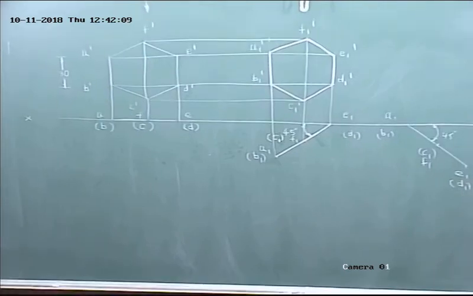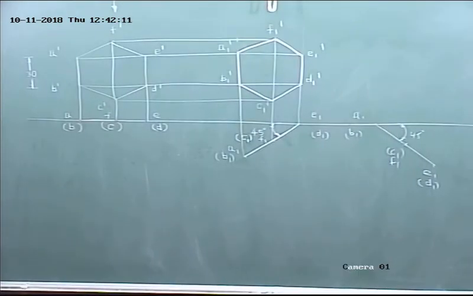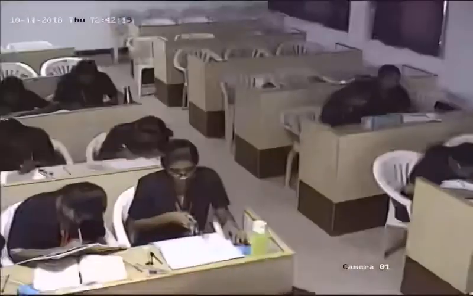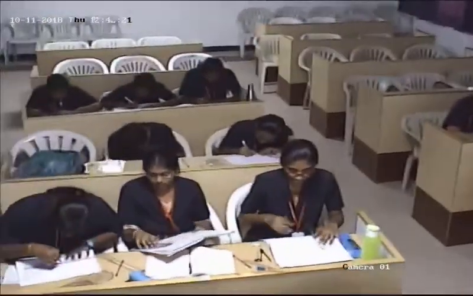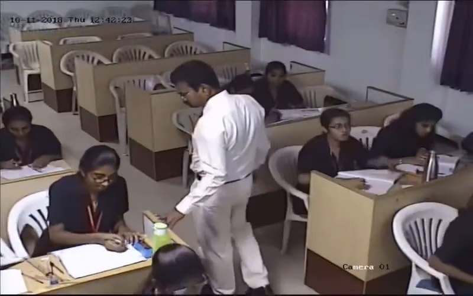No need to draw this type of arc, just mark 1 point. Otherwise it doesn't give a good appearance to the examiner. So you have to darken the top view also. You have to darken the second step, top view and front view.